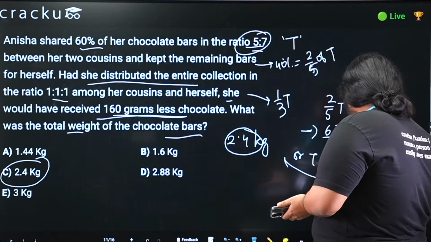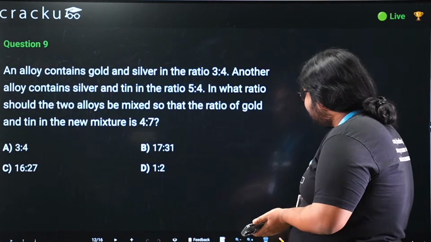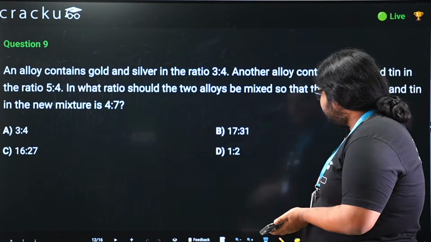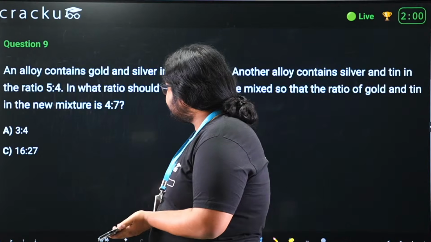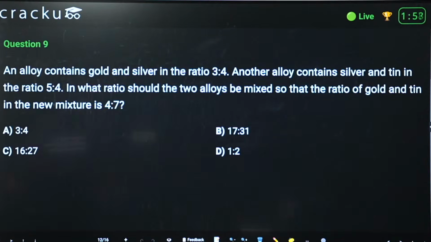Let's move on to the next question, guys. Yeah, this is also a very simple one. Give this a try.